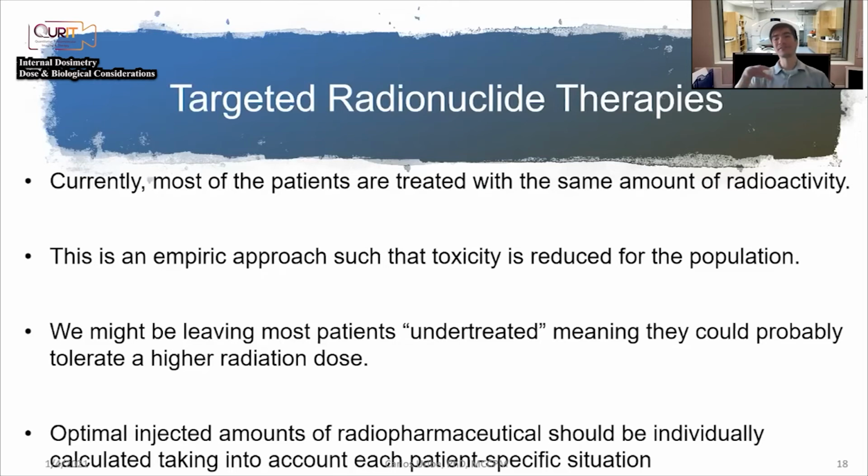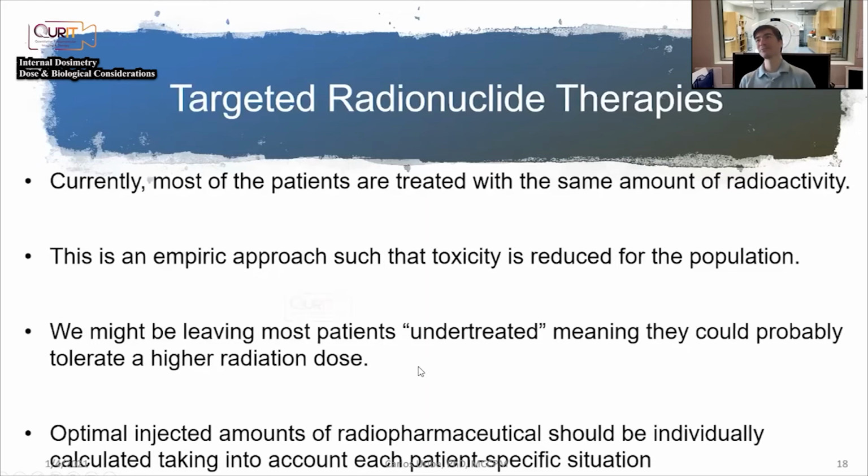So to try to not reach that toxicity, we come up with an injected activity value. But you can think that we might be leaving most of the patients undertreated, because we're not reaching toxicities, since we're keeping everyone well below the tolerated dose. So they could probably tolerate a higher radiation dose.